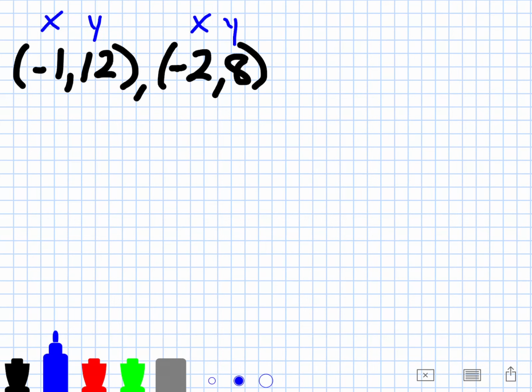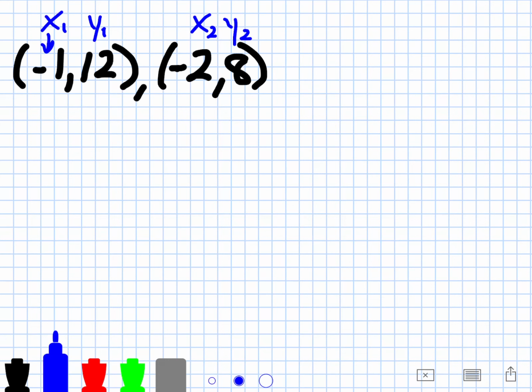These are x and y components. This is my first x. This is my second x. This is my first y. This is my second y. So we identified the x1, y1, and x2 and y2, right? They're the numbers that are below our letters.